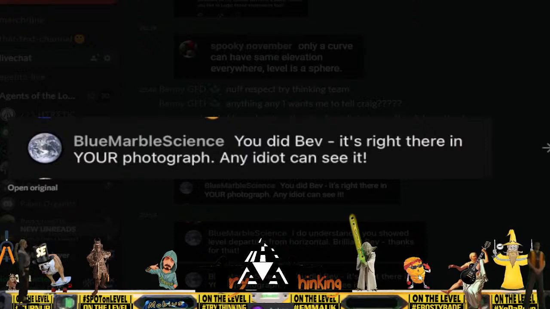Can you see level departing from horizontal through a picture? If the answer is no, then well done. Yeah, there you go. Pat's got it. Only idiots can see this. Only idiots can see level departing from horizontal. And which idiot? Any idiot.